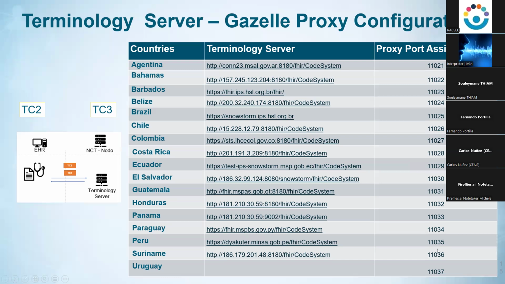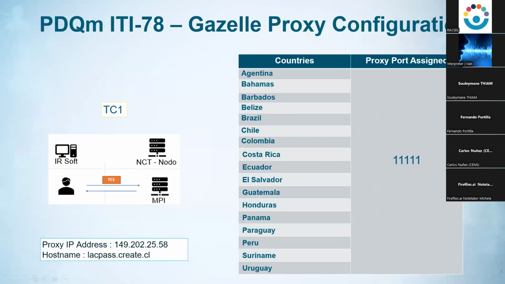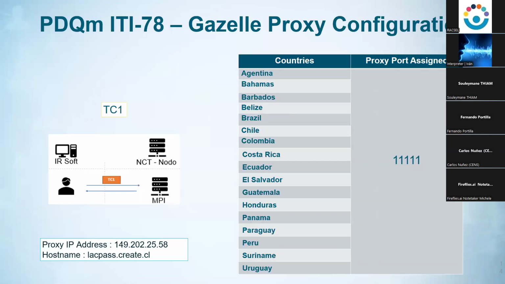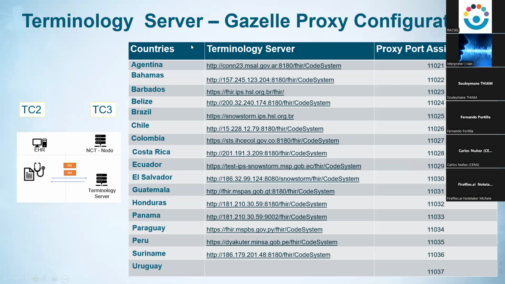So during the event, suppose I would like to send a message to Bahamas. I will send the message by using the proxy IP address and then the proxy port, and the proxy will forward the message to the terminology server of Bahamas.